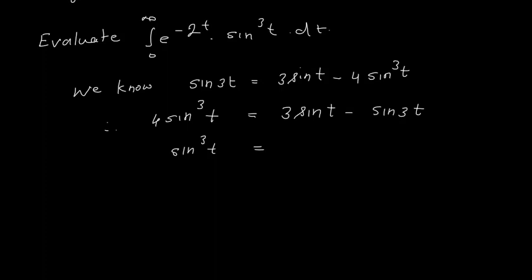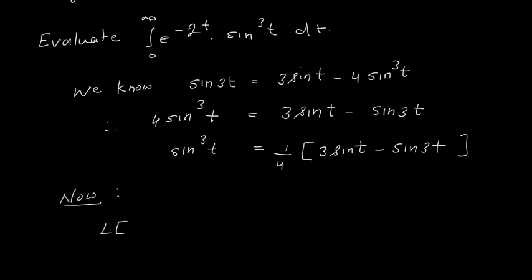as 1 upon 4 times 3 sine t minus sine 3t. So now I will find Laplace of sine cube t. So Laplace of sine cube t will be Laplace of 1 upon 4 times 3 sine t minus sine 3t.